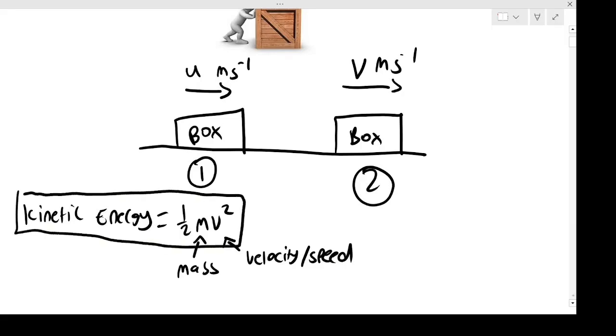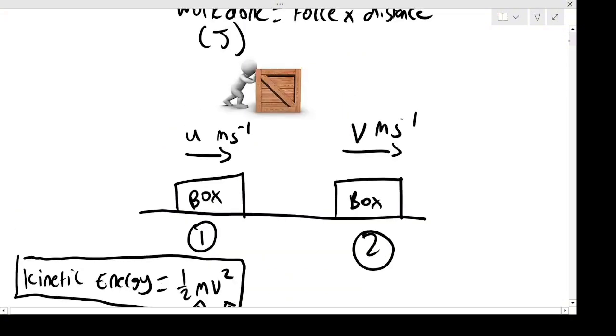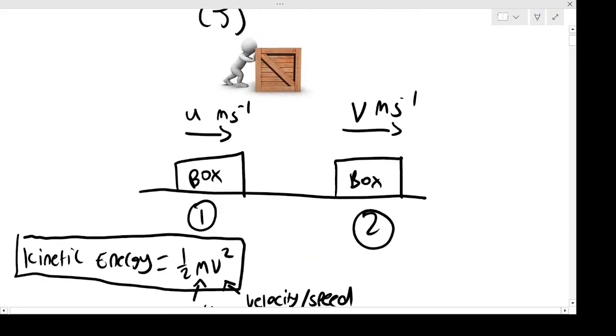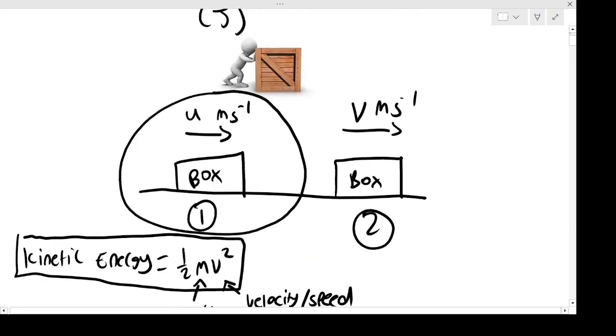In this example, if I calculate the kinetic energy at these two parts of the journey, it starts at position 1, so my initial kinetic energy, KE: the initial speed is u.